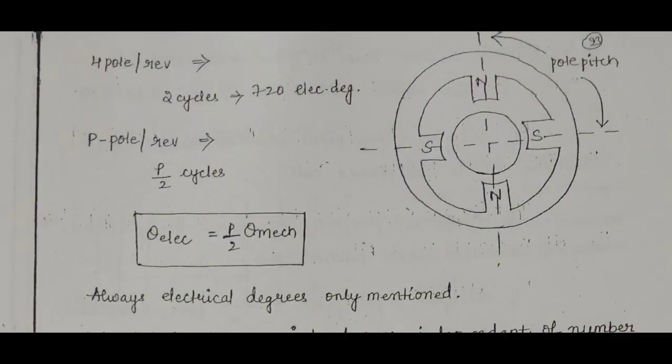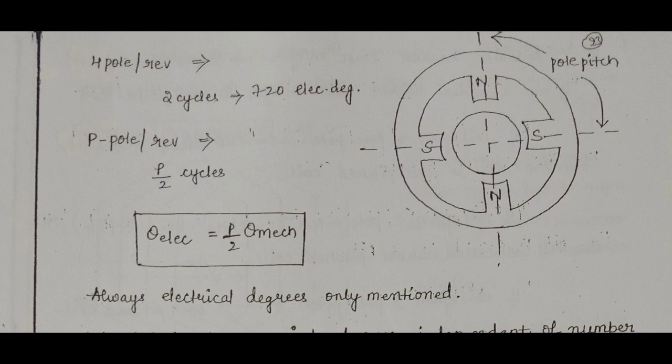If you want theta mechanical, then theta mechanical equals 2 by P times theta electrical.